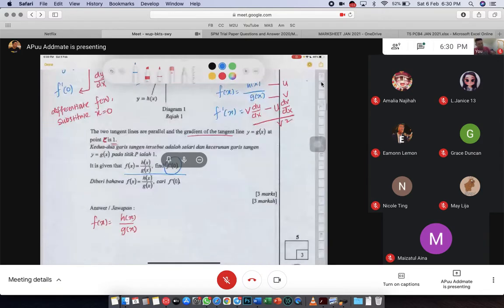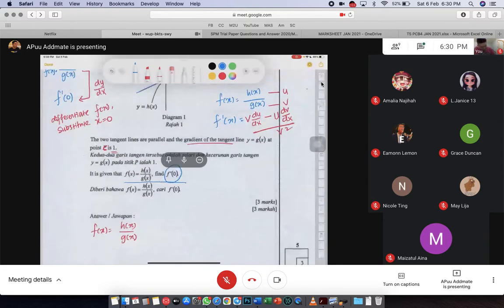So, look here. If I want to differentiate to get f prime x, what do I get here? Look at this v. Who is v? gx, right? So we will use gx. Right? So what happens is you take the top as u and the bottom as v. Like that. Okay? So when you have done that, you put everything into the formula.